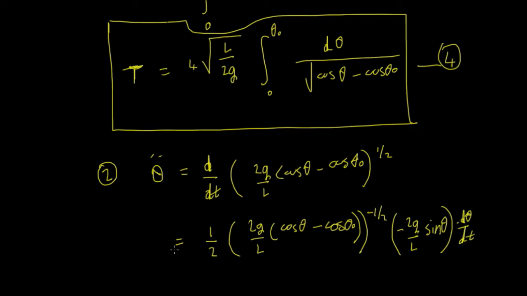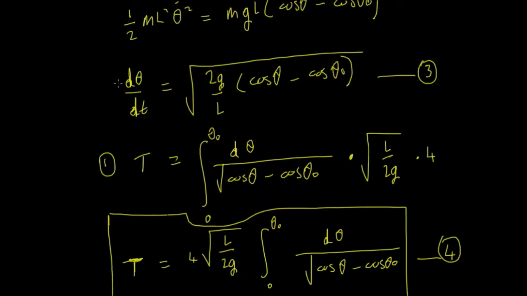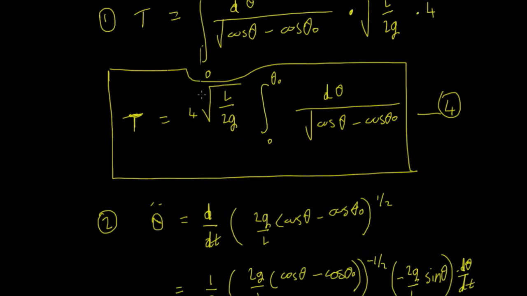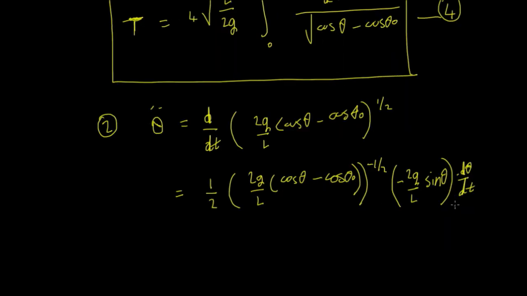Now this d theta by dt, we've already worked out. D theta by dt is 2g upon L cos theta minus cos theta naught to the power of a half. So that whole thing is the same as the term to the power minus a half, only to the power of a half, so it cancels out with that entire lot.